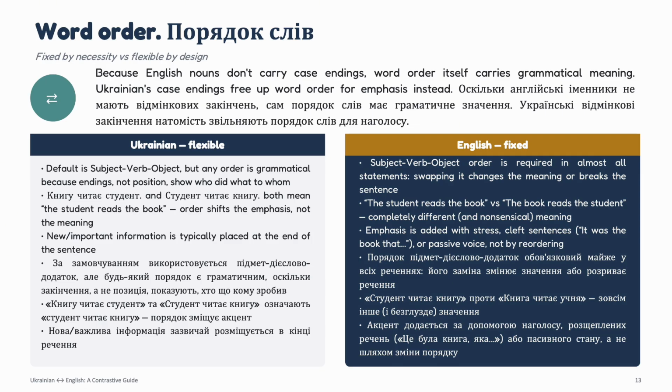For example, if we say книгу читає студент and then we try to translate it to English, it will be like the book reads the student, and it doesn't mean anything at all. So instead, English adds emphasis through stress, cleft sentences like it was the book that, or the passive voice, but never by reordering the words.